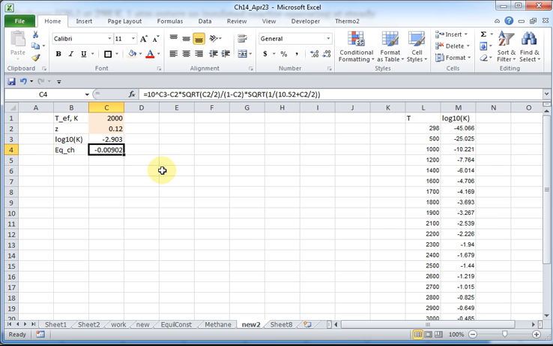But there it is. So if the equilibrium flame temperature was 2000, this would be the log base 10 of that equilibrium constant. It would not be balanced because this z doesn't satisfy that equation.